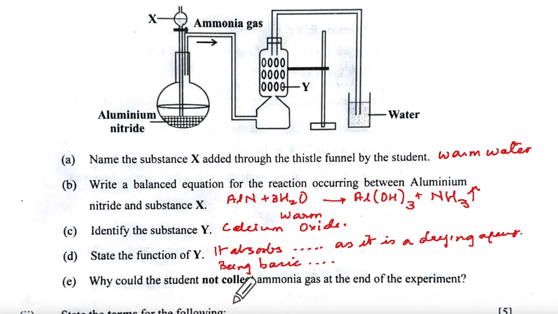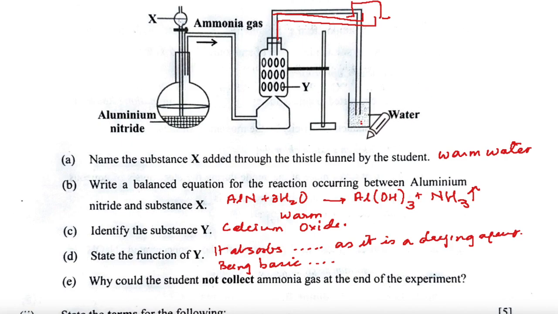Why could the student not collect ammonia gas at the end of the experiment? Now, when he had to collect the gas, he should have had the collection tube this way with the jar upside down like this, because ammonia is lighter than air. Now this is water.